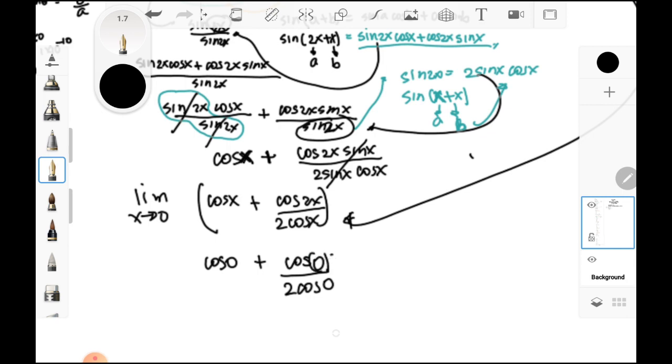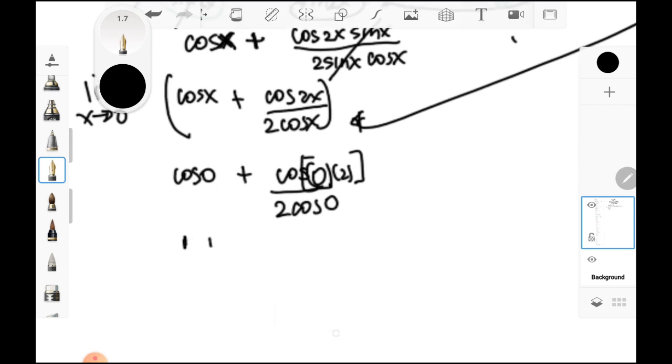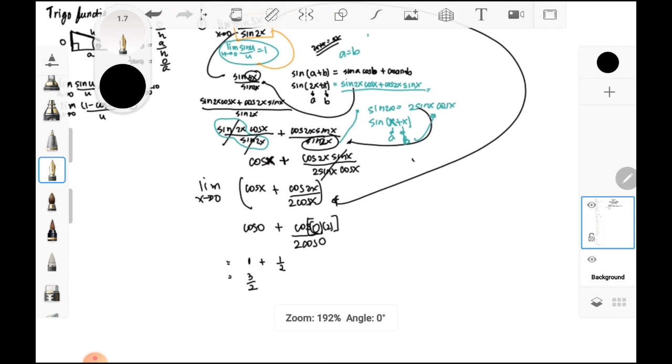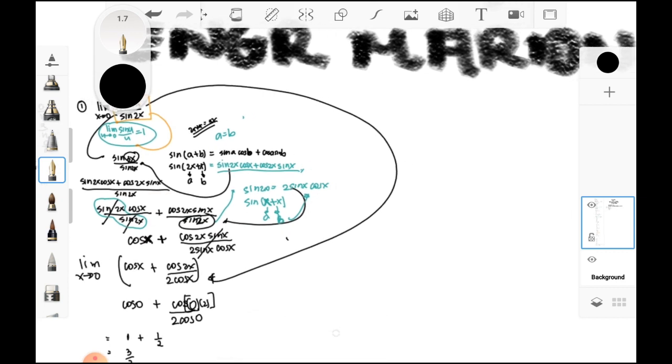Since cosine 0 is equal to 1, we have 1 plus 1 over 2, which is equal to 3/2. That is our first solution.